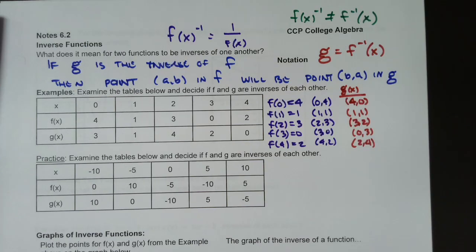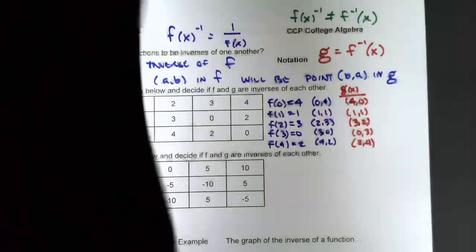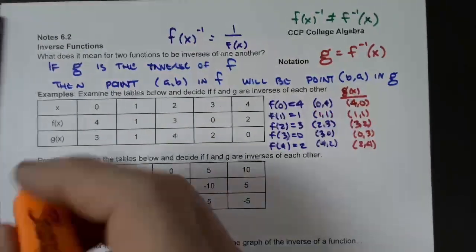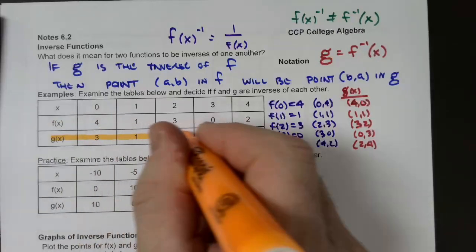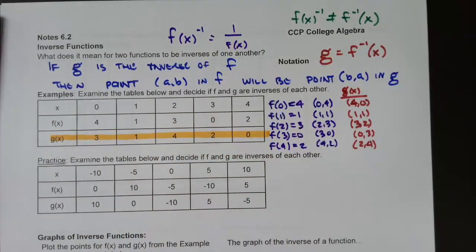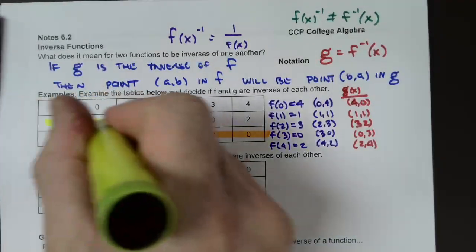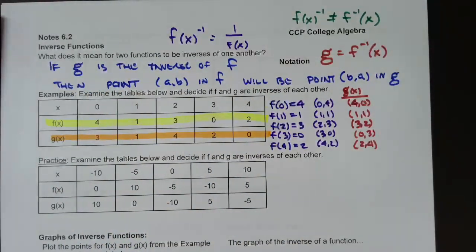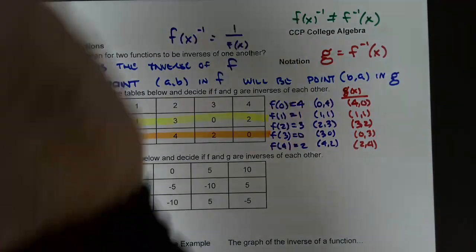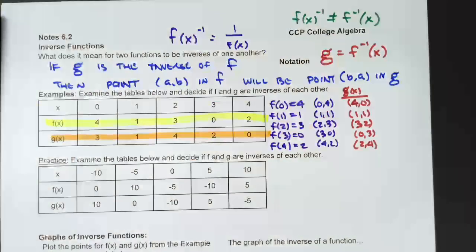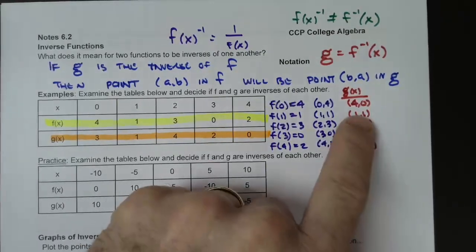So what we can do is go through our table, and this time we're going to read off the values in the g function. We're going to ignore all of the numbers in the f function. The second row will be ignored, and we'll look at the bottom row.